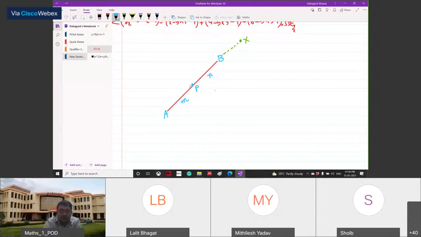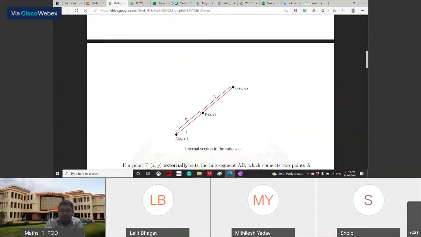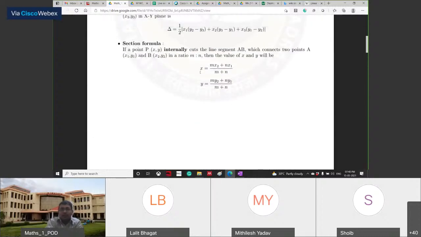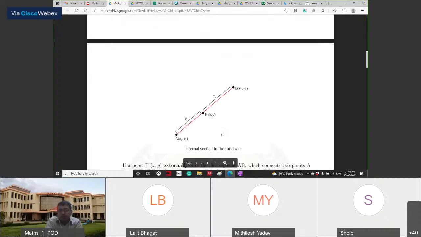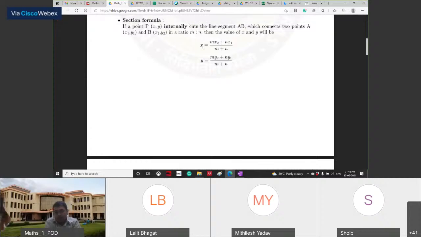So basically, the distance of this portion PA is m and this portion PB is n. In that case, this formula is given. So what is the coordinate of the P that you can obtain from this formula?